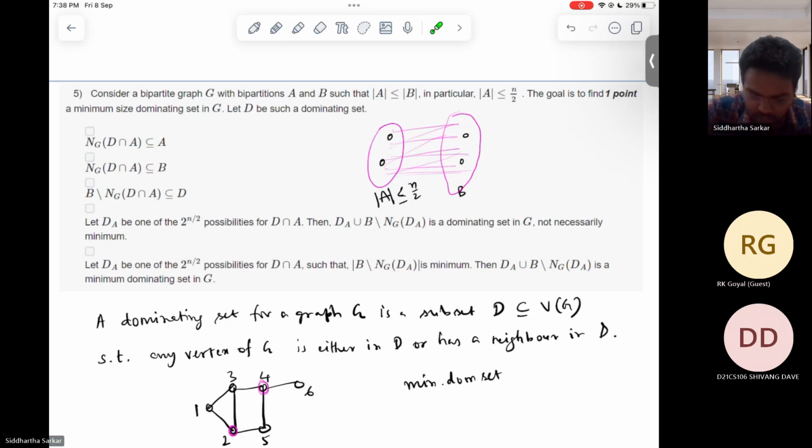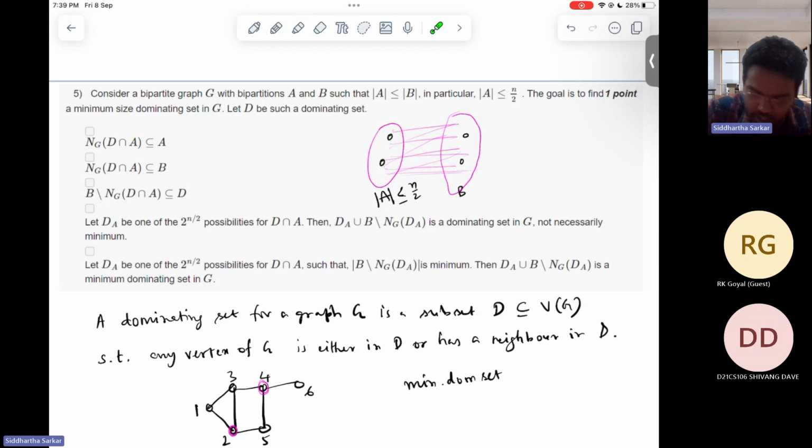Let's revisit the argument. So D is a dominating set. That means there are vertices from either A or B, and all the other vertices are neighbors to some vertex in D. Now, D intersection A is the set of those vertices in the dominating set which are in A. Now, what are the neighbors of these vertices?